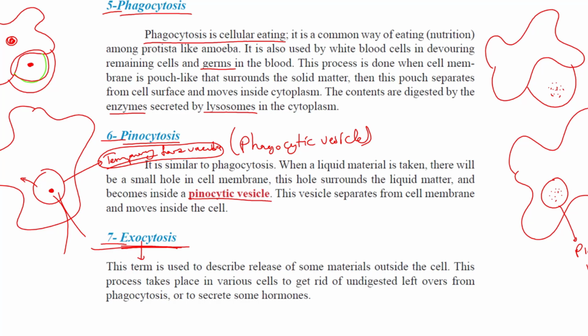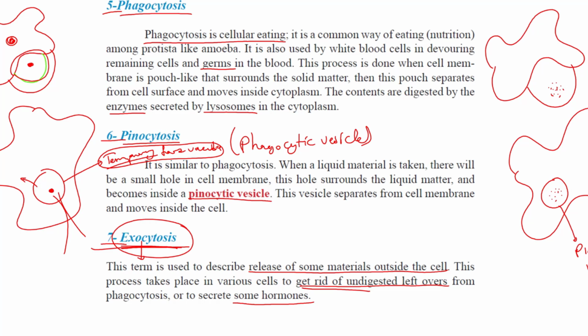The term exocytosis is used to describe the release of some materials outside the cell. It represents excretion in plants or animals. This process takes place in various cells to get rid of undigested leftovers from phagocytosis or for secretion of some hormones. We do not mainly focus on that part, because hormone discharge from a cell we call secretion, but removing undigested food material from the cytoplasm we can call exocytosis.